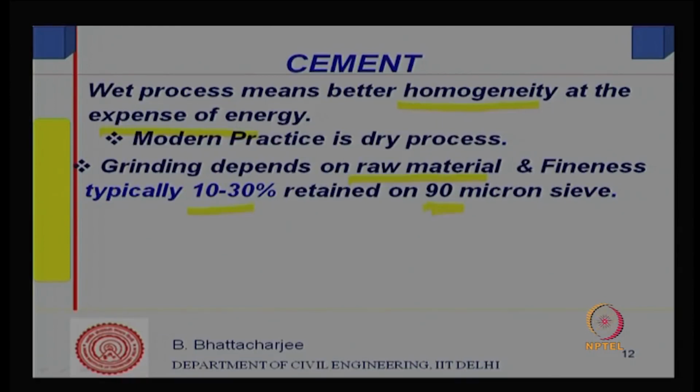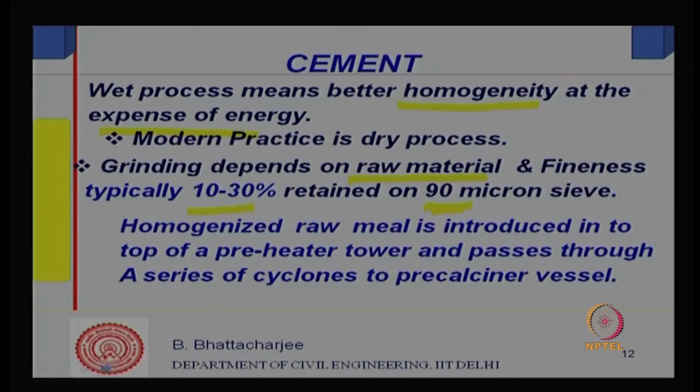This is homogenized, mixed and ground, and this is called raw mill. This homogeneous raw mill is introduced into the top of a preheater tower, and passes through a series of cyclone separators to the pre-calciner vessel.